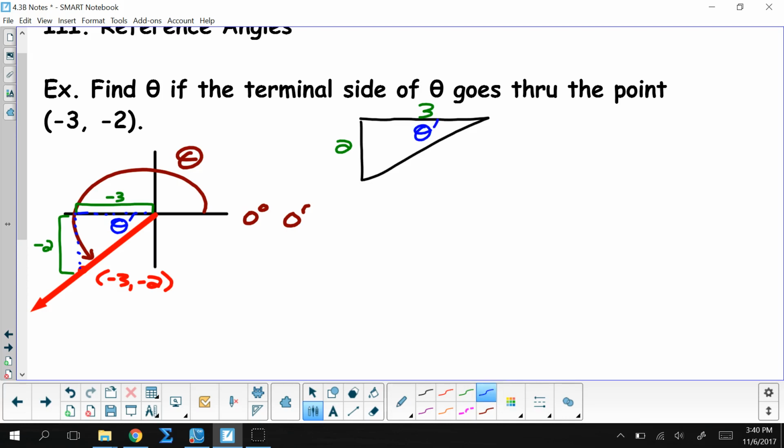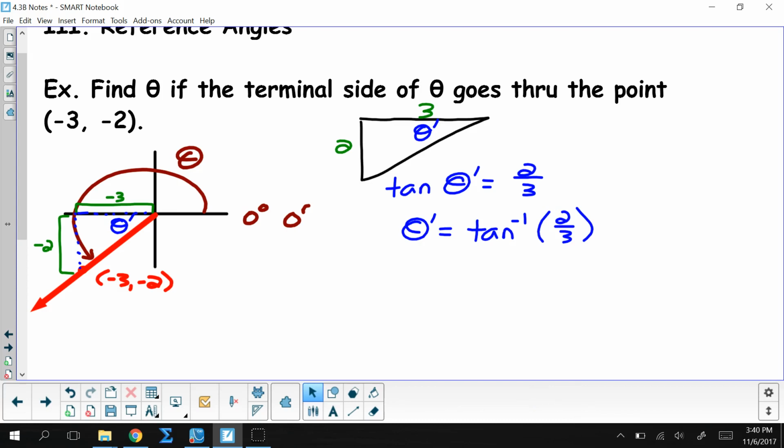Screaming out tangent. So the tangent of theta prime is going to equal 2 divided by 3. So theta prime, or my reference angle, is going to be the inverse tangent of 2/3. Let's find that on a calculator.